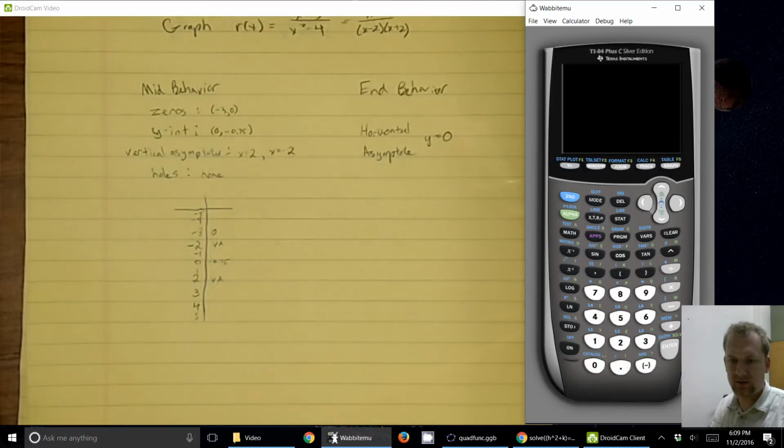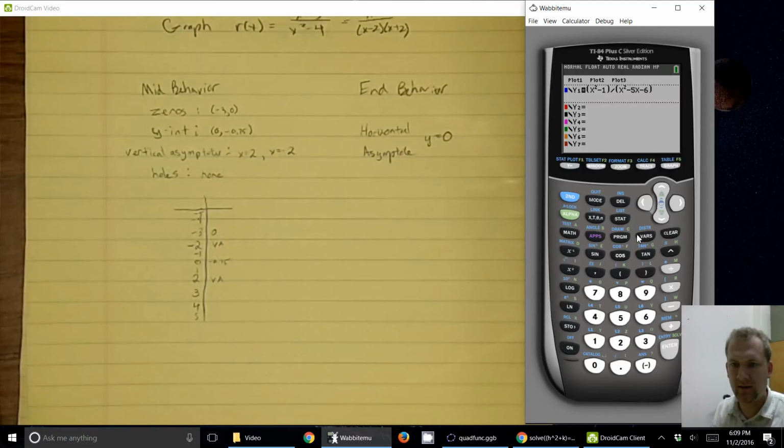So we'll use our calculator to do this. We'll put the numerator first, divided by x squared minus 4. Sorry, x squared minus 4.